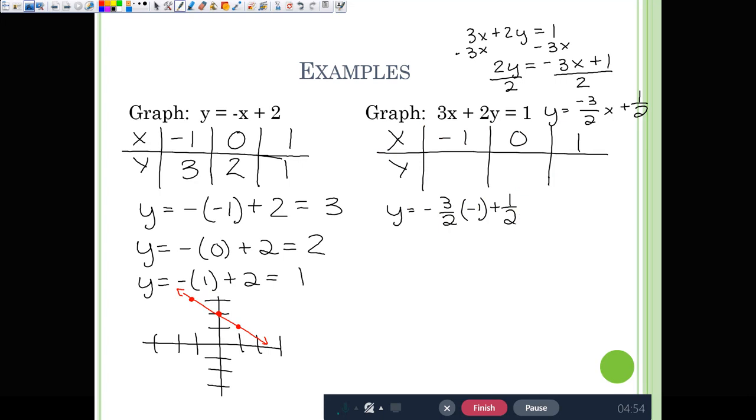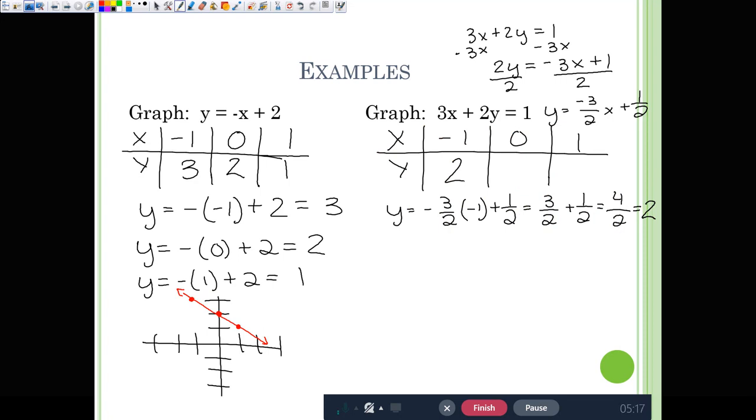So a -3 over 2 times -1 is going to give me a positive 3 over 2 plus 1/2. 3 plus 1 is 4, and 4 divided by 2 is 2. So that's going to give me a 2 there.